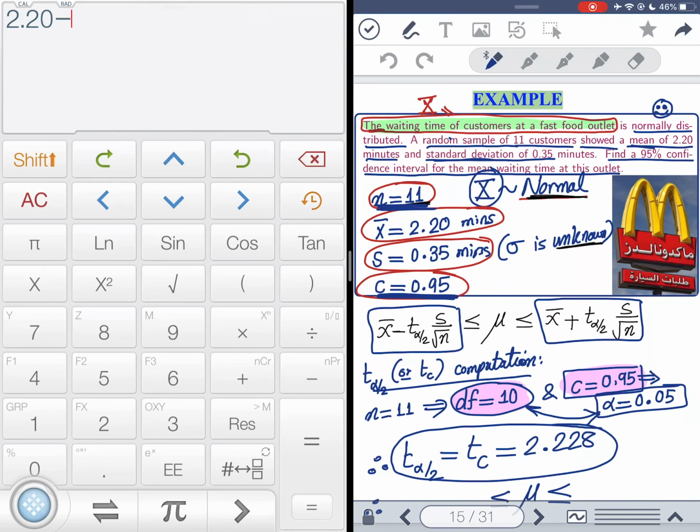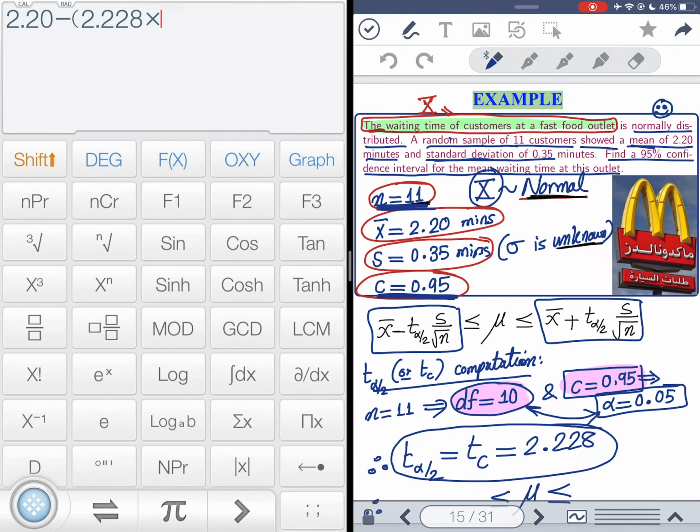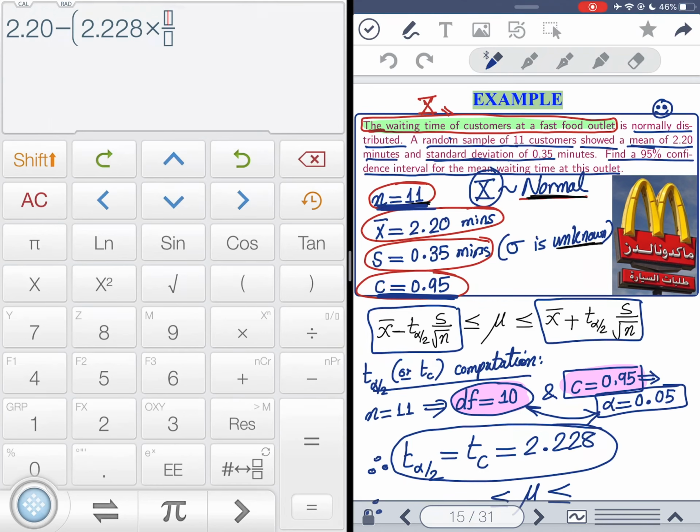Let's do the minus first. t sub alpha over 2, so open parenthesis 2.228 times, and I need a fraction. S is 0.35. So 0.35 divided by radical n, radical of the sample size 11. Sample size is 11. Here you don't use degrees of freedom. Degrees of freedom only when you find t.